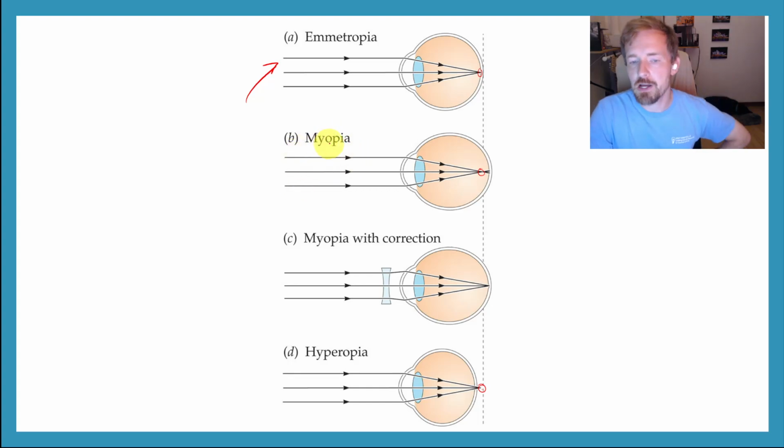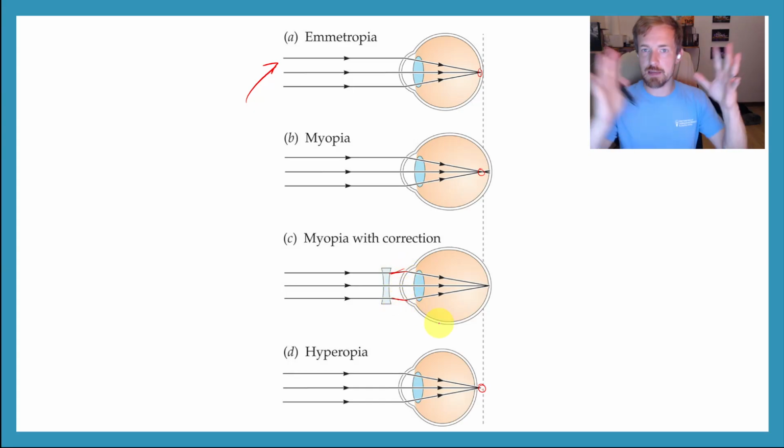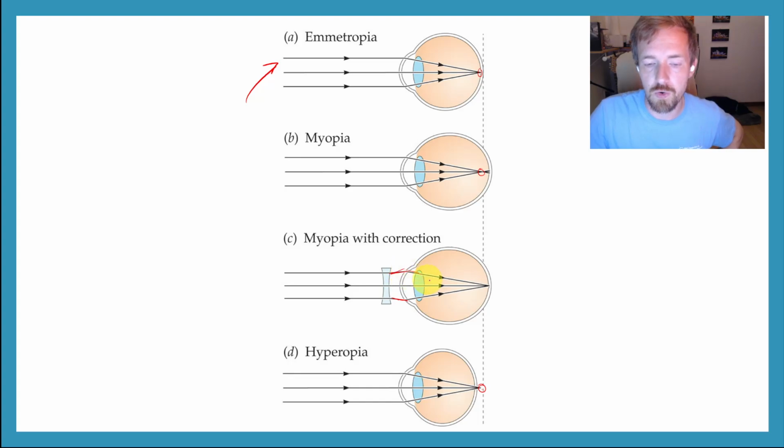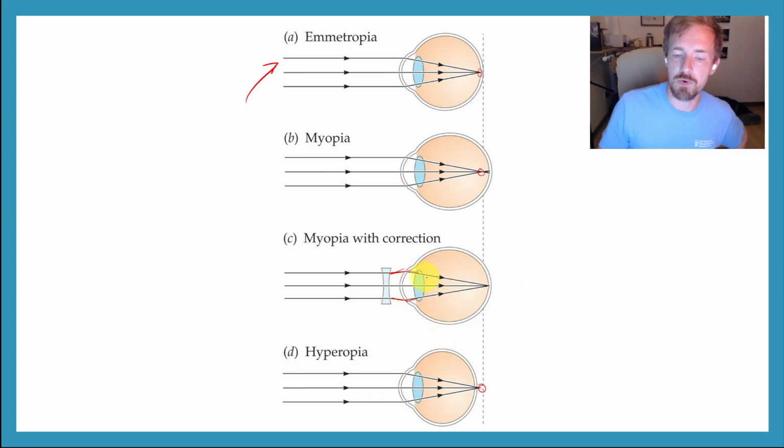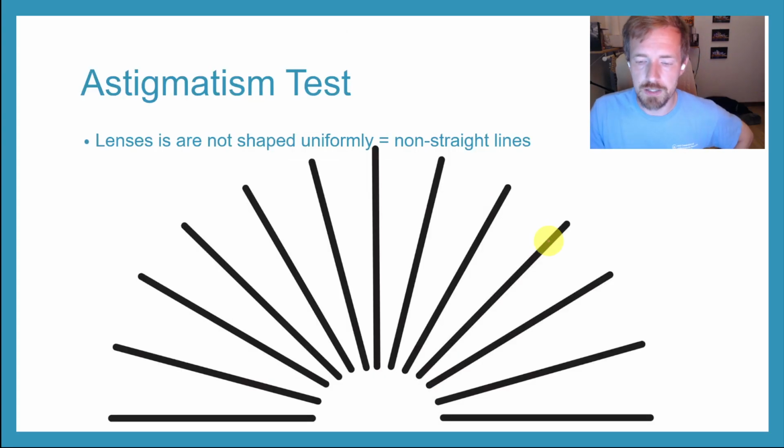If you have myopia, the way to correct for this, the way that contacts or glasses work, is because you have this light coming in, you put something in front of the lens, and maybe that's a contact, maybe it's your bifocals or whatever, but basically you can see that light is starting to refract a little bit in the other direction now. It's making that image a little bit bigger, and then by the time it gets to your cornea, it's going to behave like normal, and so it actually hits at just the right spot, because now this image is slightly bigger than it is over here, and that is going to help it refract perfectly on your retina.